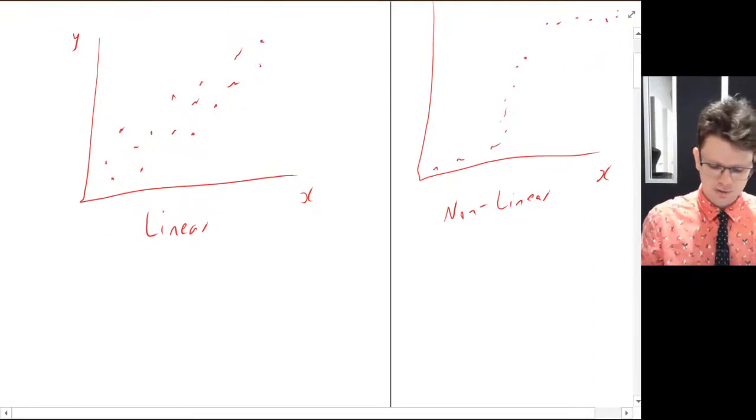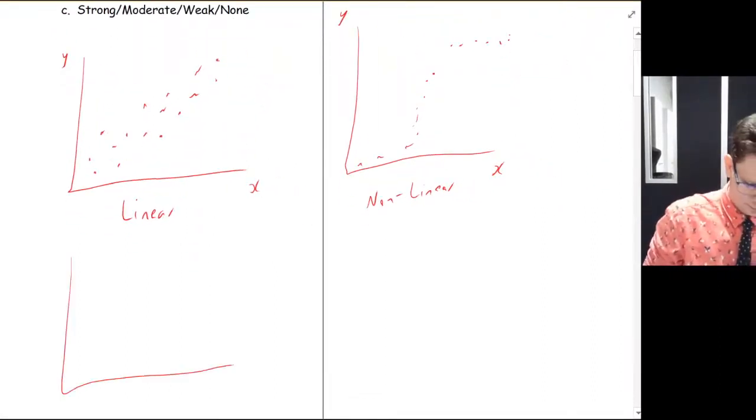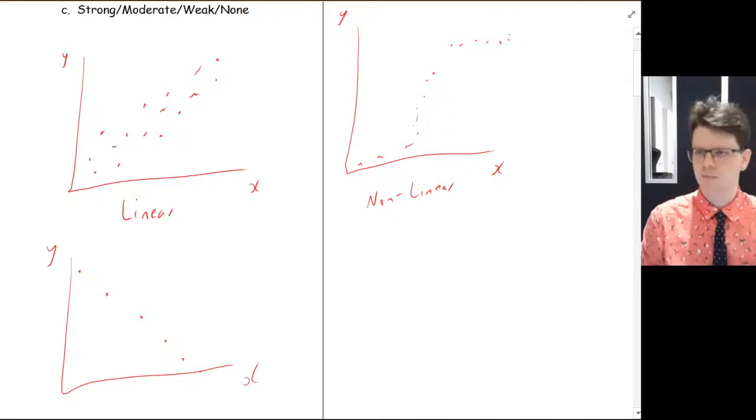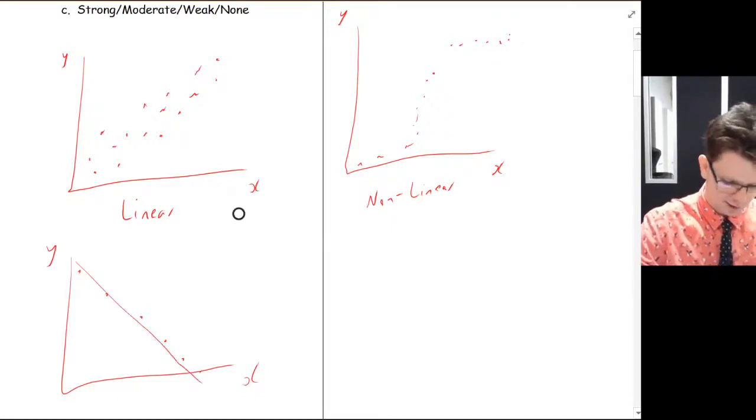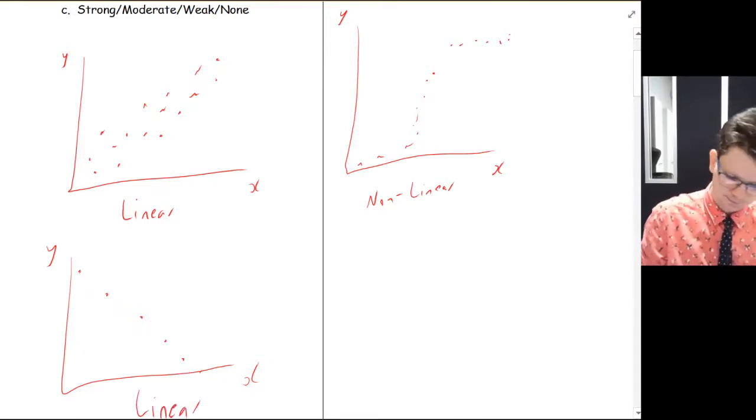Let's have a look at some more. Do we think that one's linear? Well, I think the line passes through it pretty nicely, so that one is indeed linear.